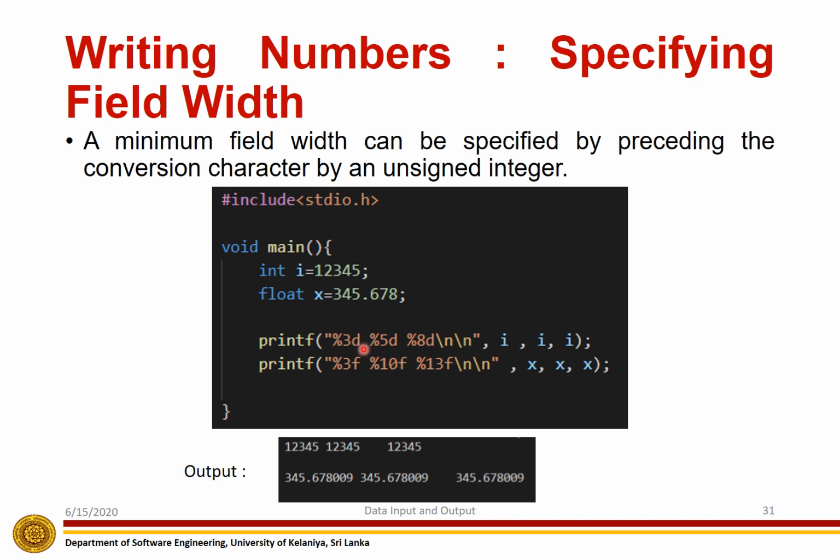In the first one the field width is 3, but the entire integer value, which is 5 characters, is displayed even if the field width is too small. And the second value is 5, but it is preceded by one white space character, and this is generated by the blank space separating the first and second character groups within the control string, and it will also print 1 2 3 4 5.